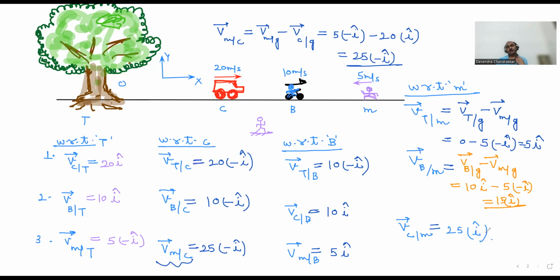Anybody is having doubt in writing any one of these, please tell. सर VMB कैसे आ गया? नहीं ये गलत है, 15 माइनस I cap है ये। ठीक है, कोई घपला कर गया. इसको चेक कर लेना, सब लोग गलत लिखा था मैंने पहले. लिखा सबने?